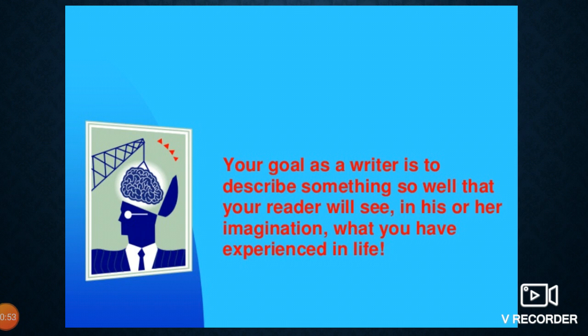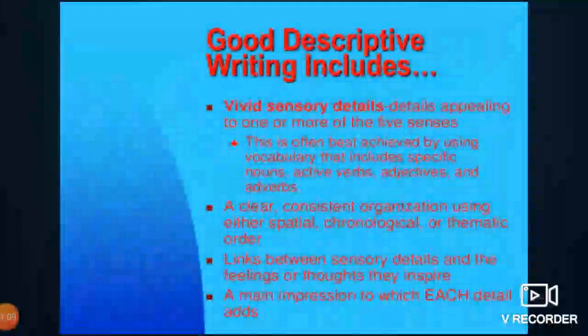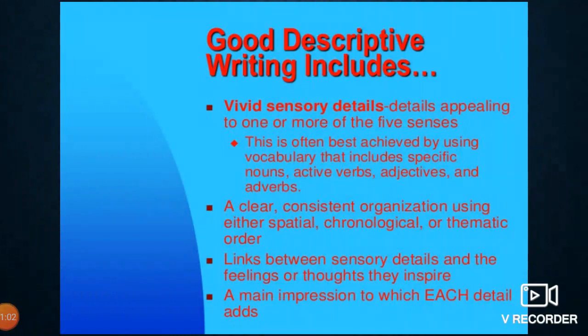So after that, which things can be included in descriptive writing? A good descriptive writing includes vivid sensory details. This is often best achieved by using vocabulary that includes specific nouns, active verbs, adjectives, and adverbs. As I said, you should be a good reader, then you will be a good writer.